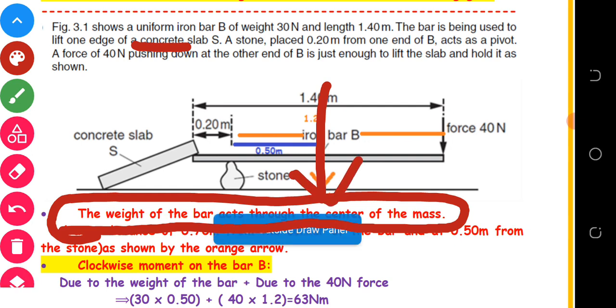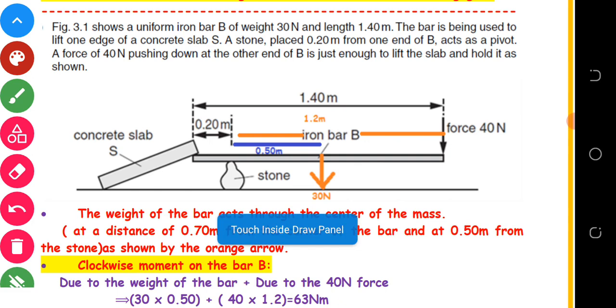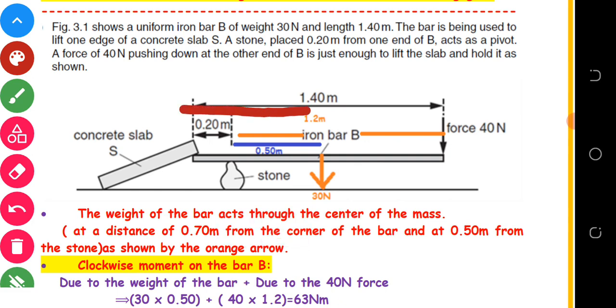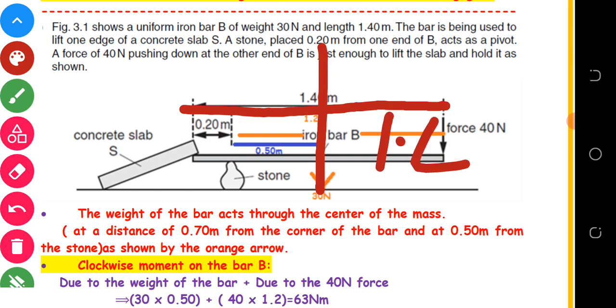Now, how do we calculate this middle? The entire distance of the bar is 1.4 meters. So if we cut this 1.4 meters in between, we'll have 1.4 divided by 2, and it will give us 0.7 meters.